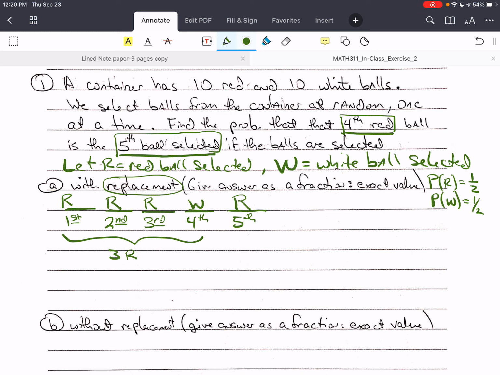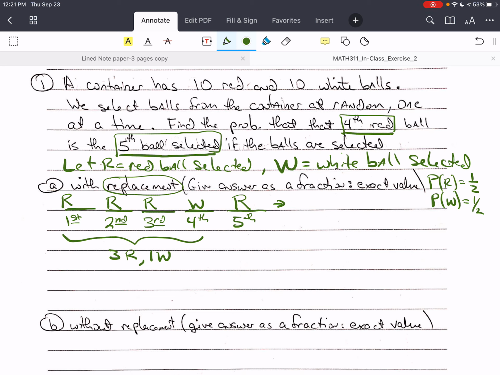So there's going to be 3 red and 1 white in the first 4 balls selected. There has to be, in order for the 4th red ball to occur when we make the 5th selection.